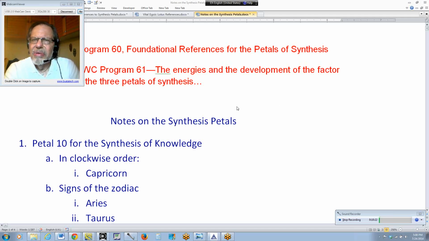But nevertheless, there's a reflection of that higher state of logoic mind and love and will when the synthesis petals are unfolding. And we may have had very specific objects of love as we have come through our long evolutionary process. But we begin to see that that love is far more general.